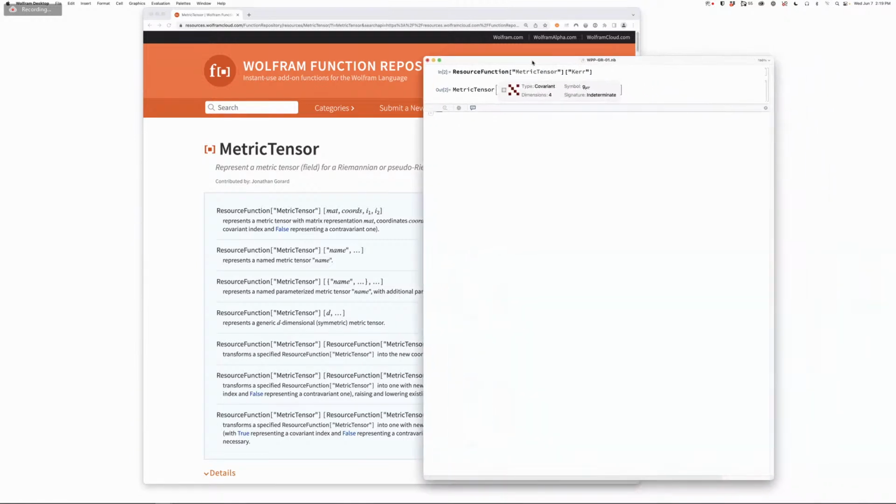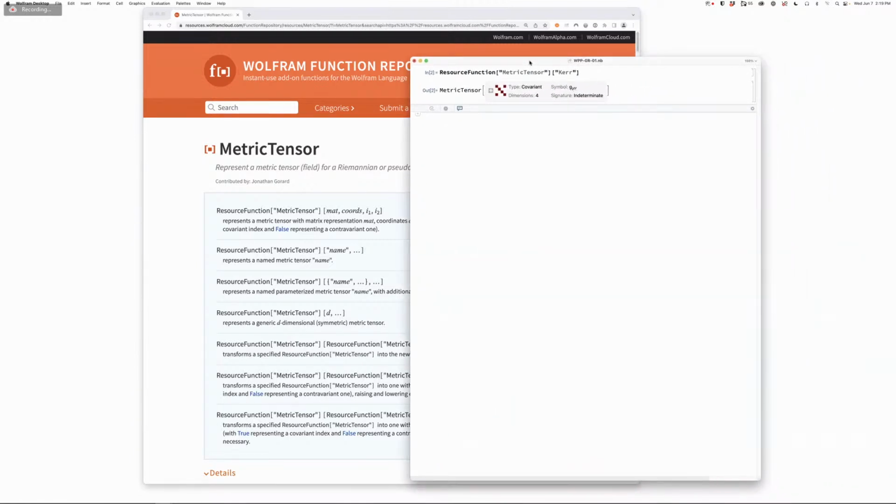Okay, what is this? So that's now a symbolic metric tensor object. So you can see by default, it's in covariant form. So both of its indices are lowered. And so you can look at its matrix representation if you just take that thing and you request property matrix representation. Okay. Pity there's no autocomplete for that.